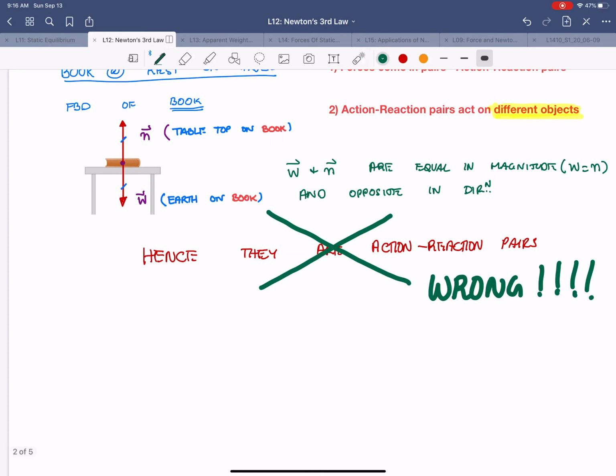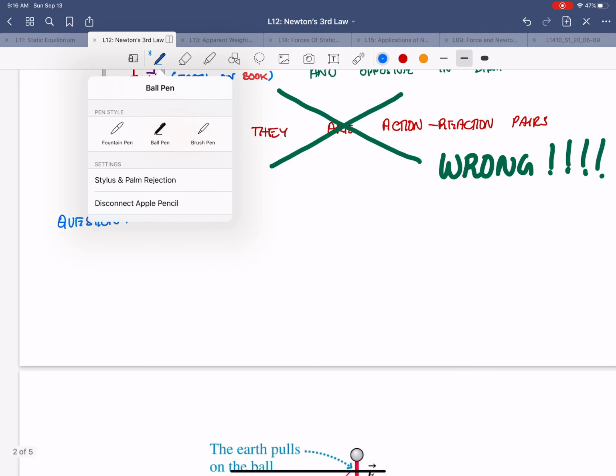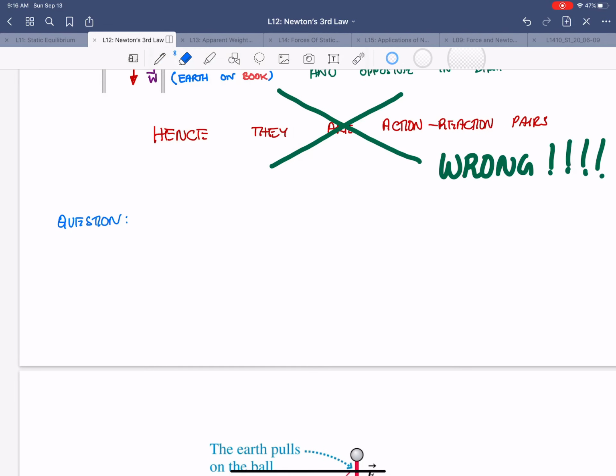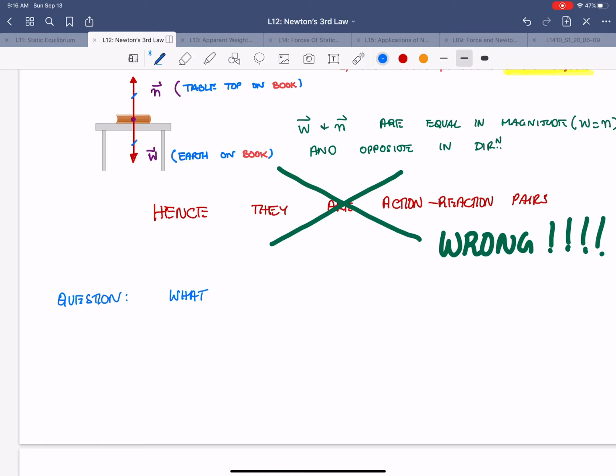So a natural question to ask would be, what is the reaction force to the weight of the book?